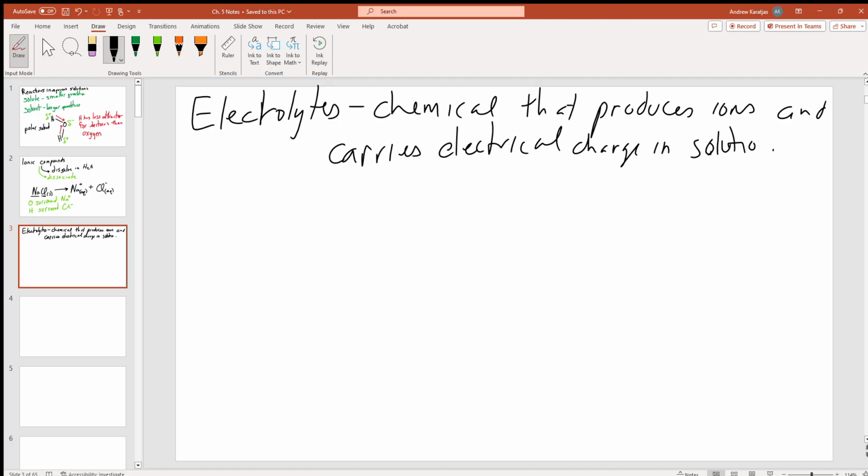And we can divide compounds up into what we would call strong, weak, and then the third category we call non-electrolytes.